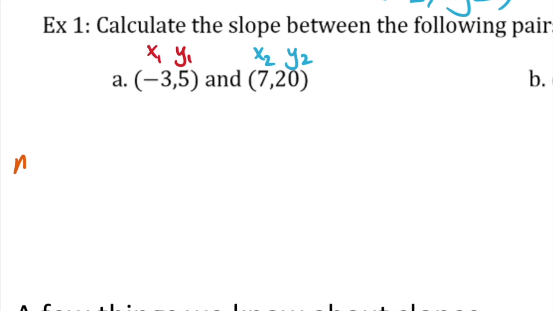And all I need to do is use that same formula. We have the slope is equal to, up top we're going to have the y2, which is 20, minus the y1, which is 5. Cool, no problem. On the bottom we've got the x2 minus the x1, which is negative 3.